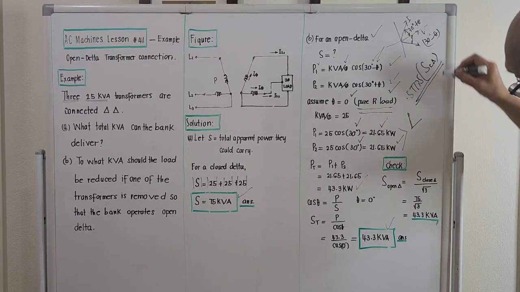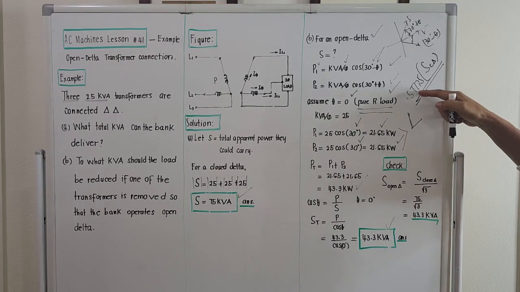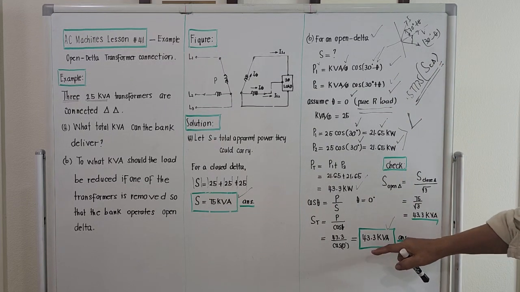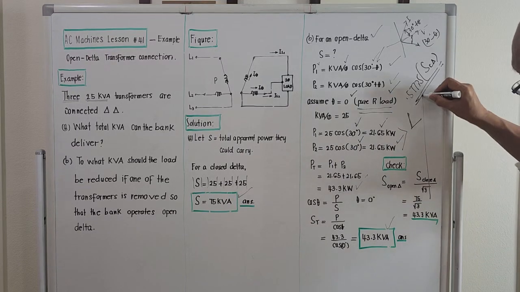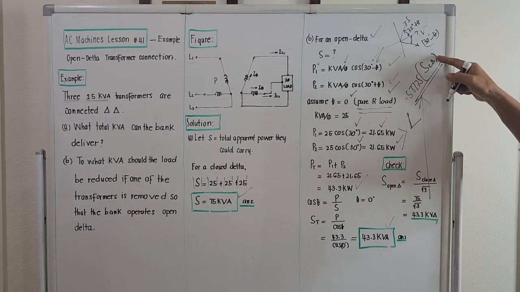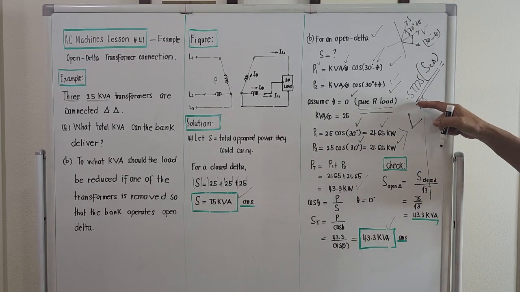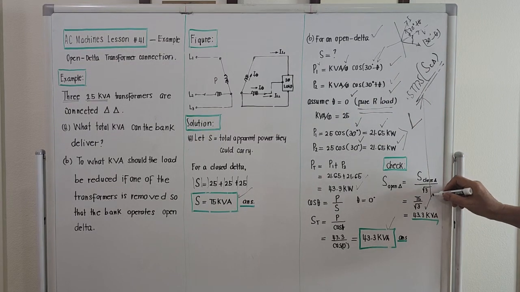I said this before, right? Because 1 over square root of 3 is actually 0.57735. So to check this 43.3, it will be 75 times 1 over square root of 3, which is 0.57735. And if we multiply 75 by 0.57735, it is actually 43.3 kVA.